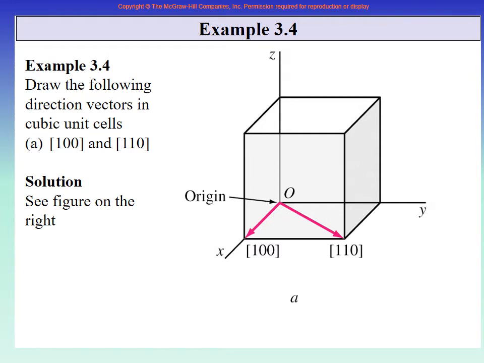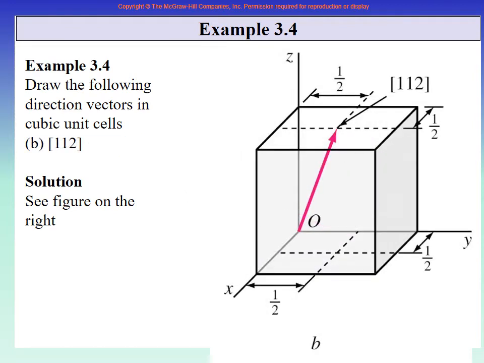We can have more. So now say it is 1 1 2. We know that any number more than 1 is outside the cube. So it means that first you divide by 2. That is the first step that you do.